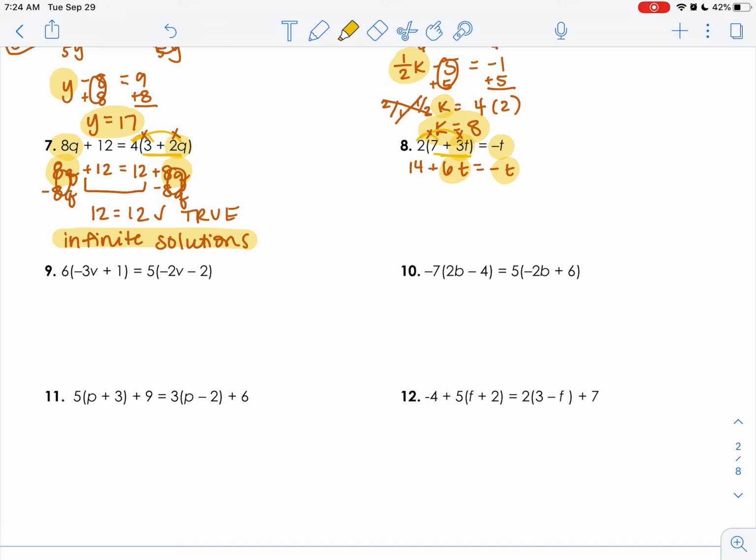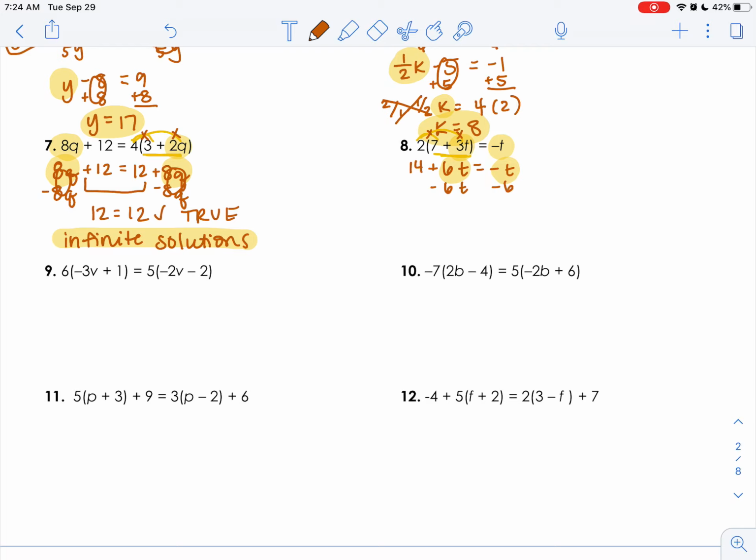I still have t here and t here. Now, normally I would want to try and keep things positive, but in this case, if I keep things positive, I'm going to add t, and I'm going to end up with nothing on this side, which is fine. But in this case, I'm just going to go ahead and move the 6t so that I keep something on both sides, if that makes sense.